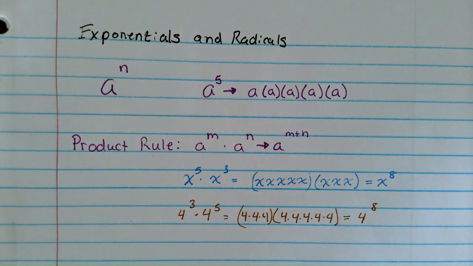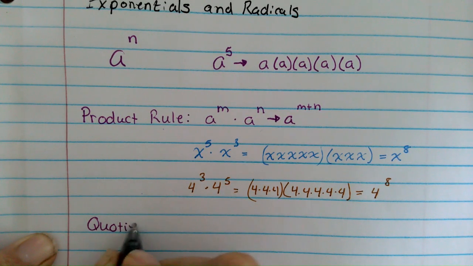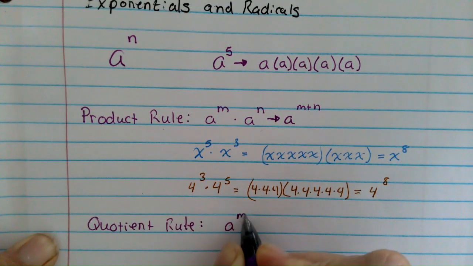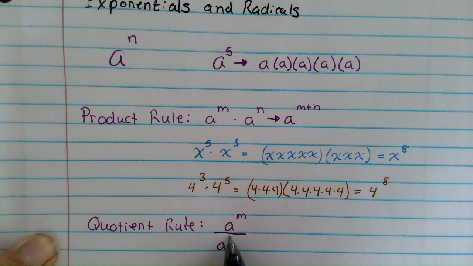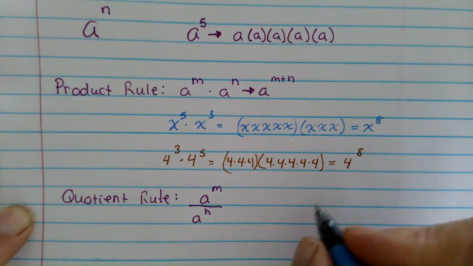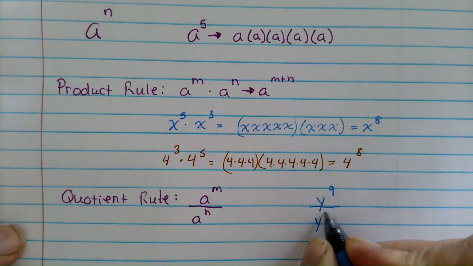Okay, so the product rule, if you add the exponents, what do you think that quotient rule might be? Okay, so we would have a to the m divided by a to the n. For example, y to the 9th divided by y to the 2nd.